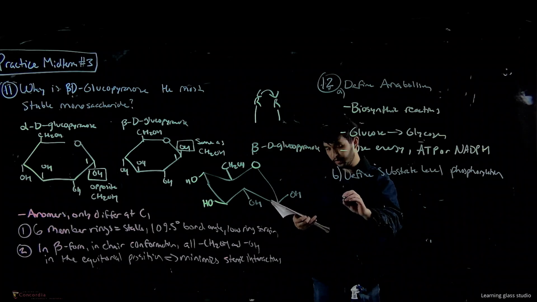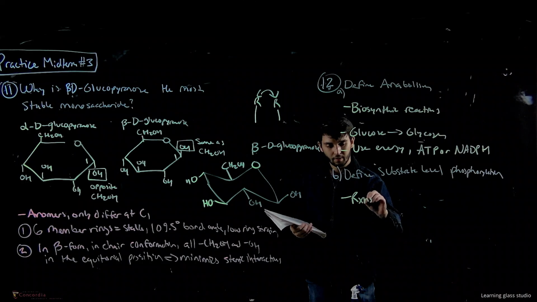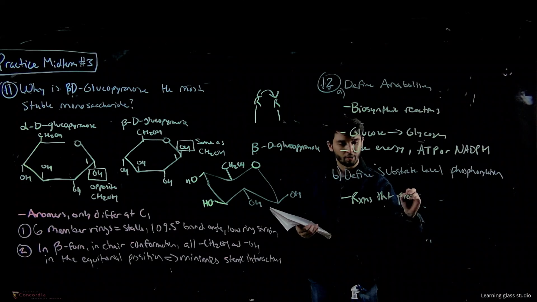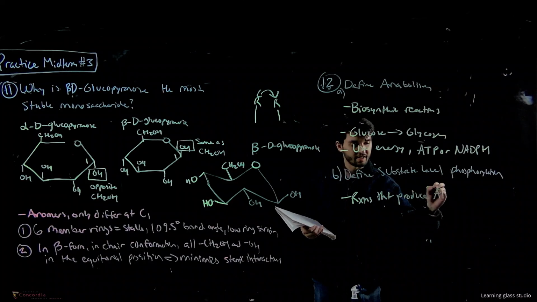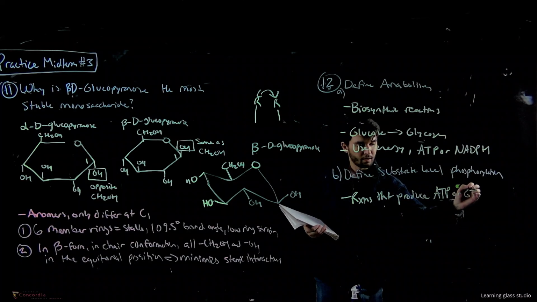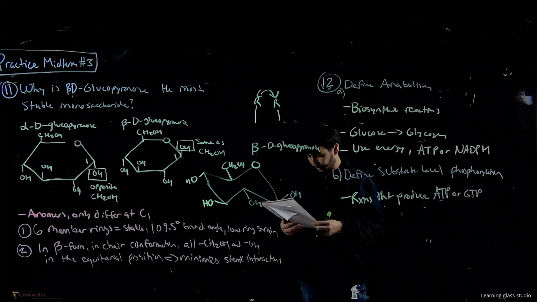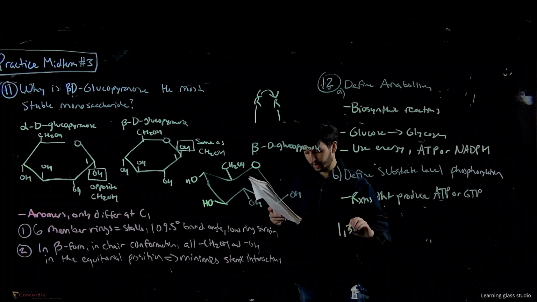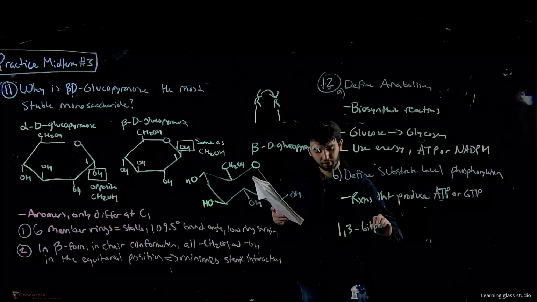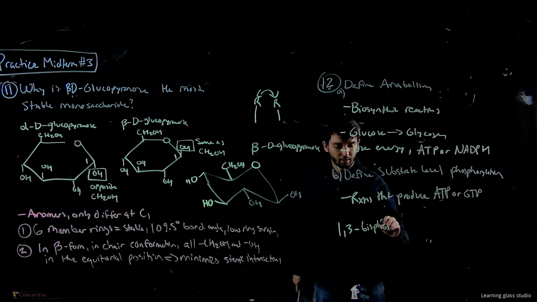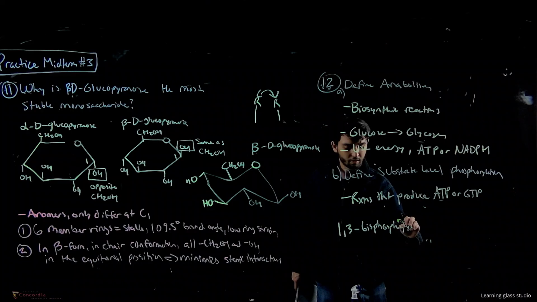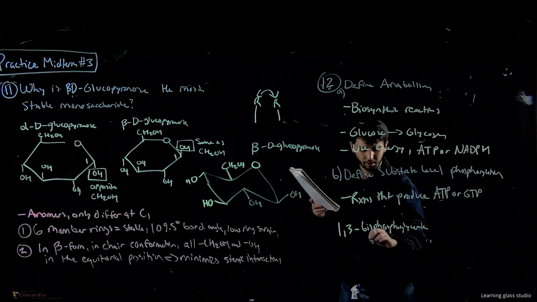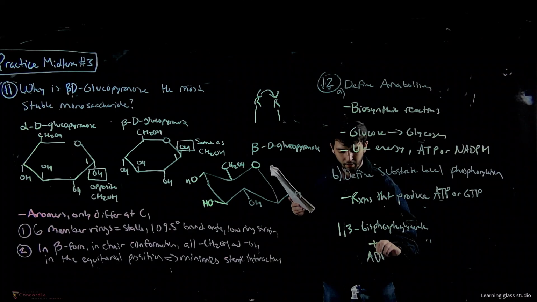So these are reactions that produce ATP or GTP. An example of this would be 1,3-bisphosphoglycerate, from glycolysis, plus ADP.